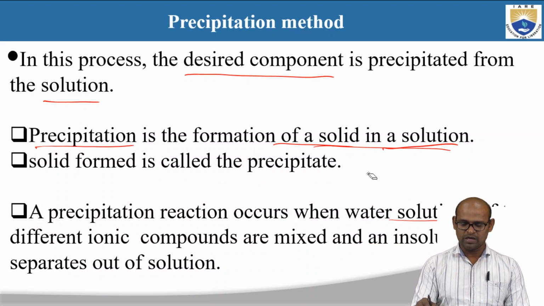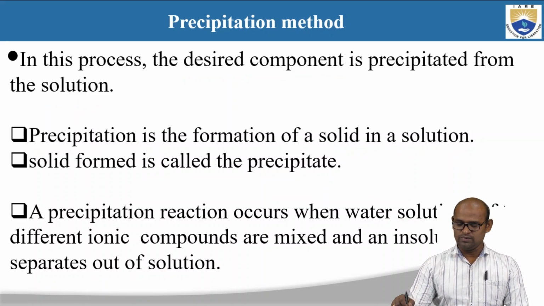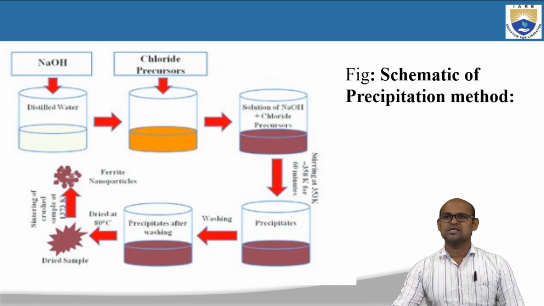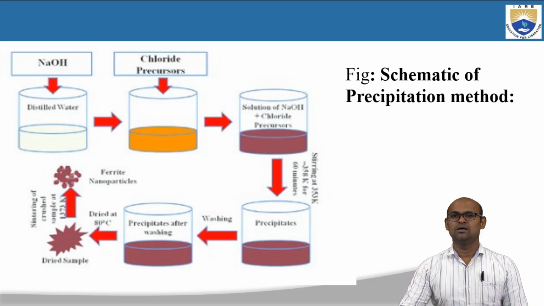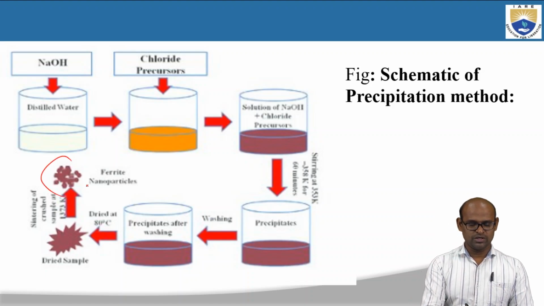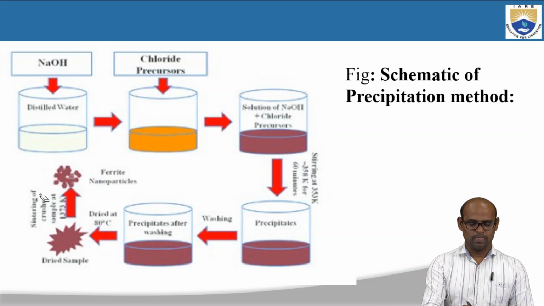Because of this precipitation reaction, we will see the formation of this solid, which is called a precipitate. So this is the schematic of the precipitation method, where we see the formation of precipitates, which is a nanomaterial.